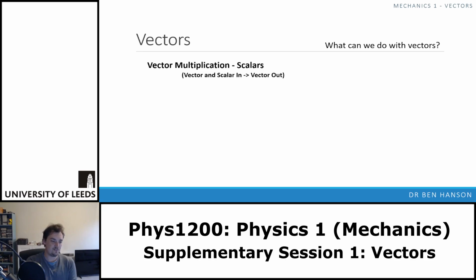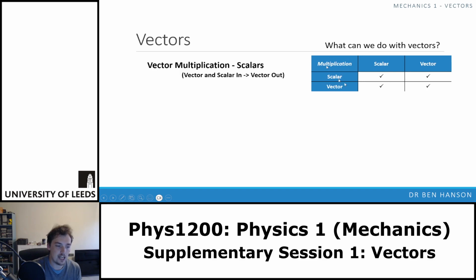If I define a vector multiplied by a scalar such that it increases its magnitude by that scalar factor, it all works out well. So here I've got a vector and a scalar going in, because I'm going to times a vector by a scalar, and I'm going to get a vector out.